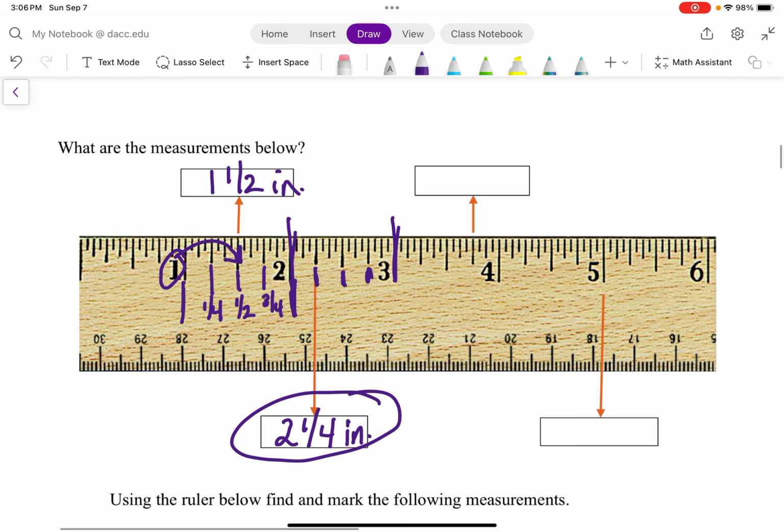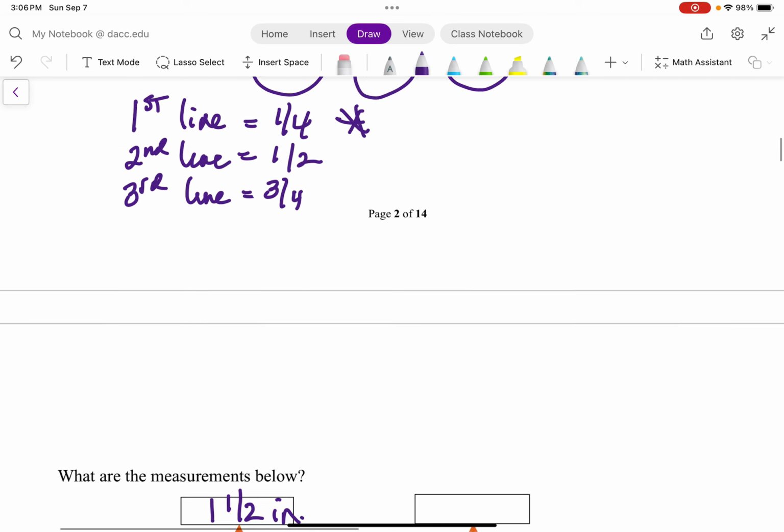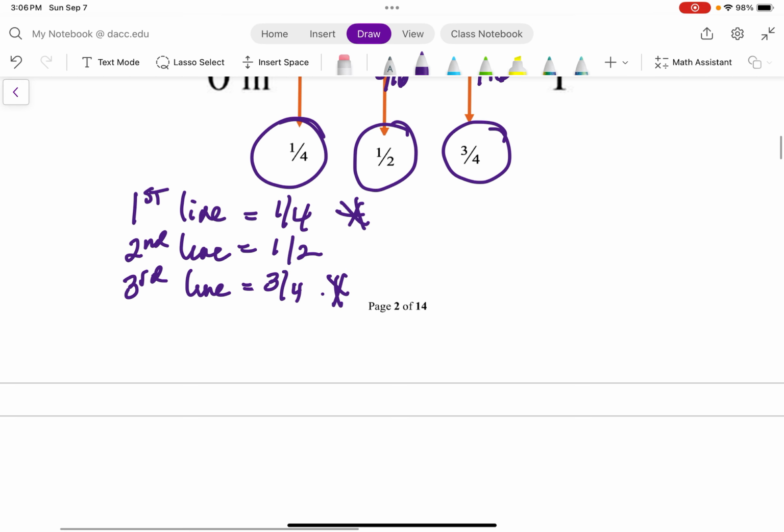Let's look at this next one. Next one here. So we've got 3, we've got the 4. Do we see the longer lines? You see this one, this one, this one. Okay, which line after 3 is it? It's the first, second, it's the third one. The third line is 3/4.